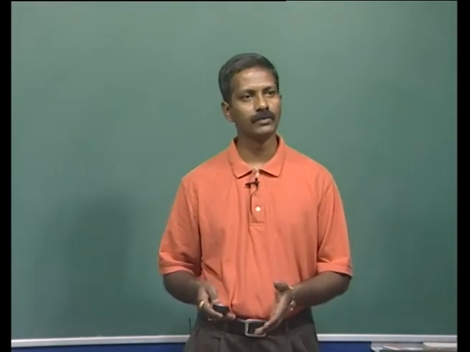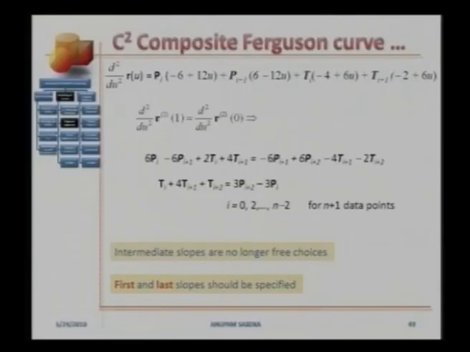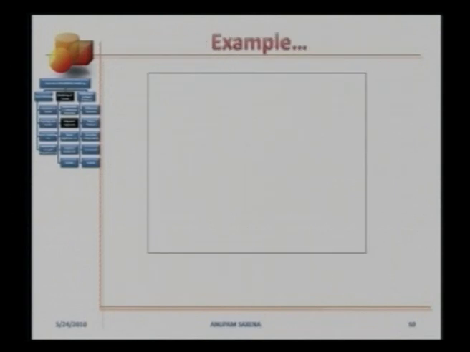And then we went on to study C2 or curvature continuous composite Ferguson curve. Here, this model did not exhibit local control properties. If I moved any design point, the shape of the entire curve changed.